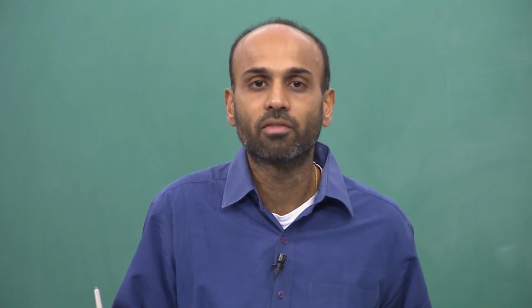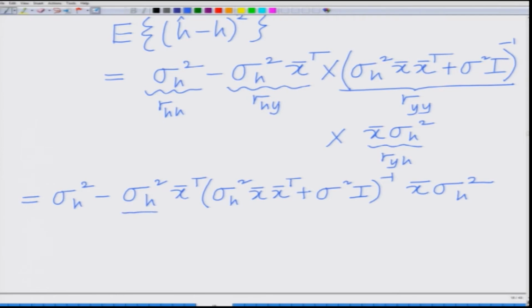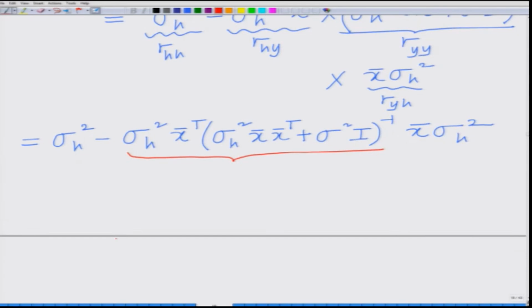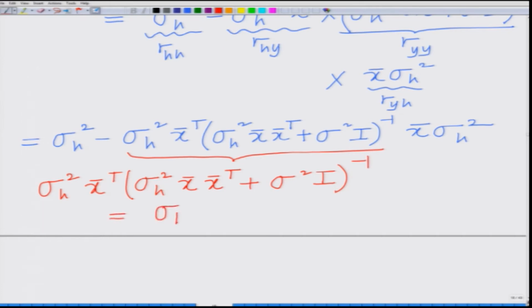You already know the principle that we use in simplification. We have already seen this part can be interestingly simplified, as you can recollect from the previous modules: sigma h square x bar transpose into sigma h square x bar x bar transpose plus sigma square times identity inverse is equal to sigma h square x bar transpose x bar plus sigma square inverse times sigma h square x bar transpose.